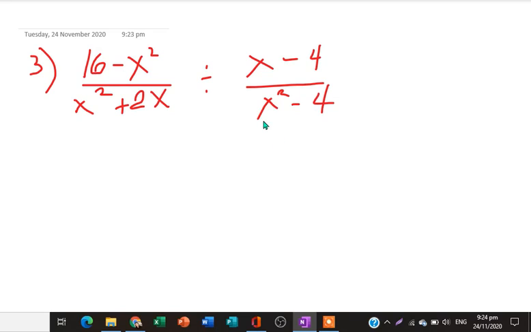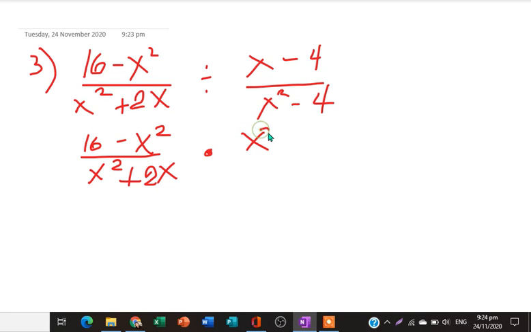Okay? First, we're going to write the equivalent multiplication expression. So we have 16 minus x squared over x squared plus 2x times, get the reciprocal, x squared minus 4 over x minus 4.